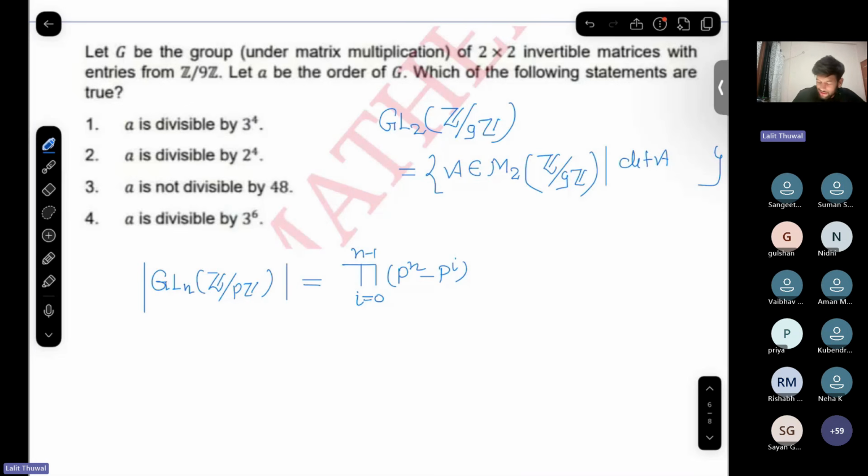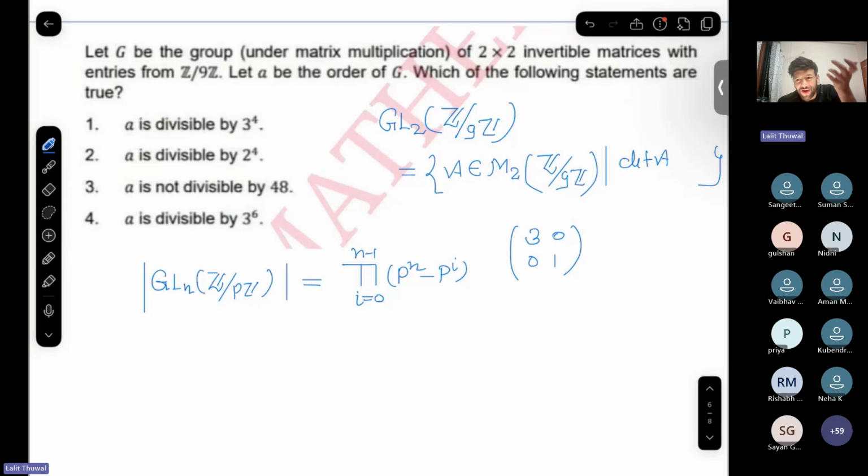Okay, so just a simple example. Do you think this matrix is invertible? Yes or no? How many of you think that this matrix is invertible? No, it's not invertible actually.